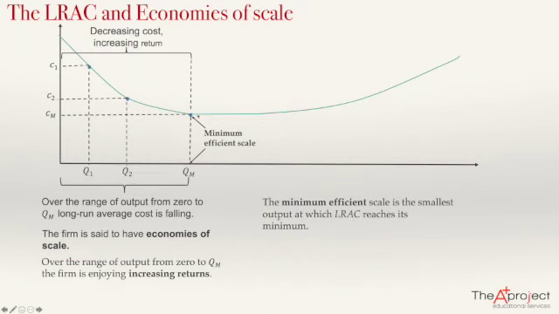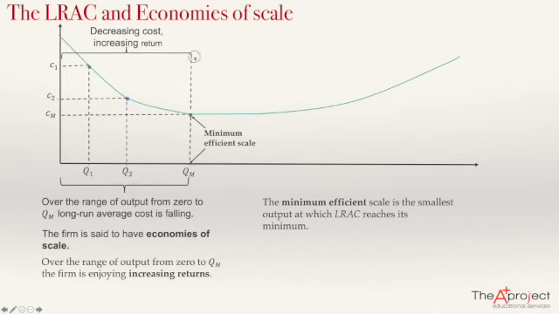So there will be an interval of quantities in which the average cost is constant. The minimum quantity in this interval is the minimum efficient scale. So there will be several points of minimum, but the minimum efficient scale is the smallest output at which the long run average cost reaches minimum.